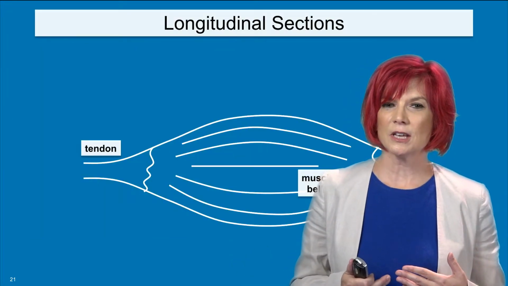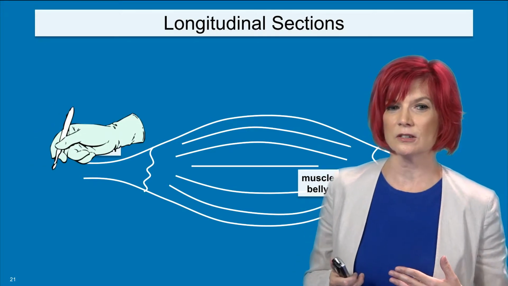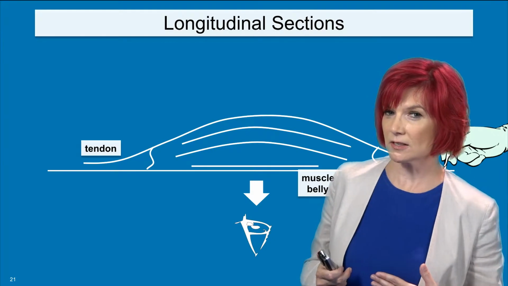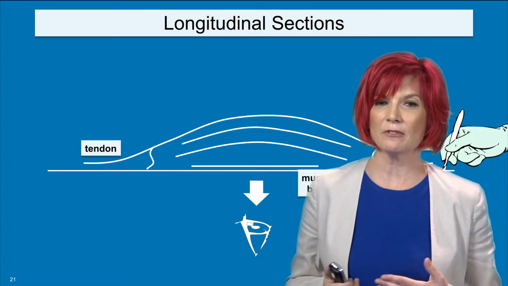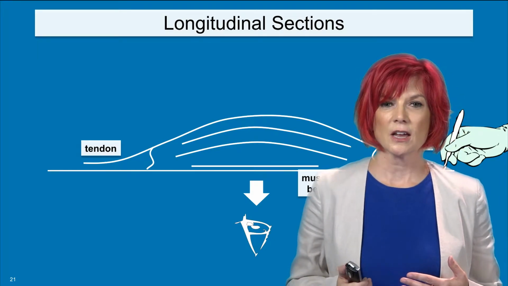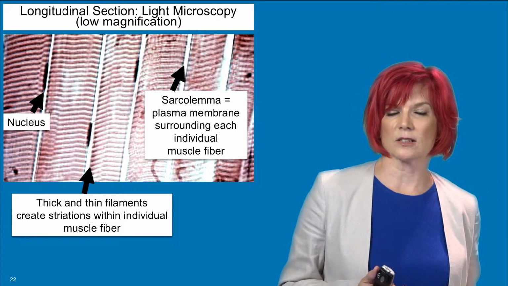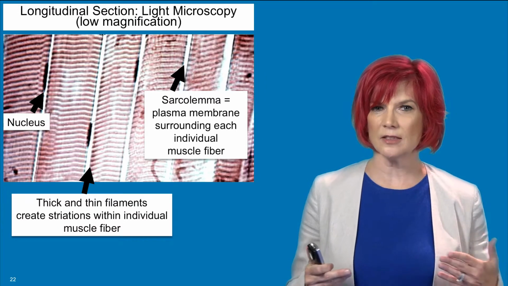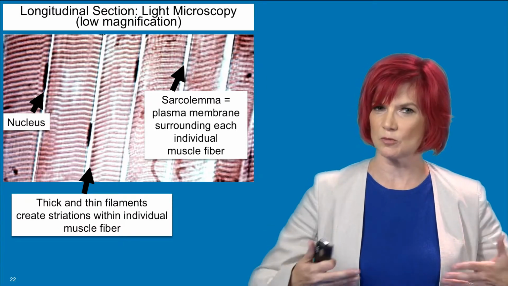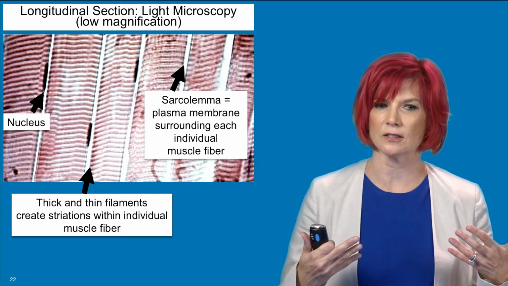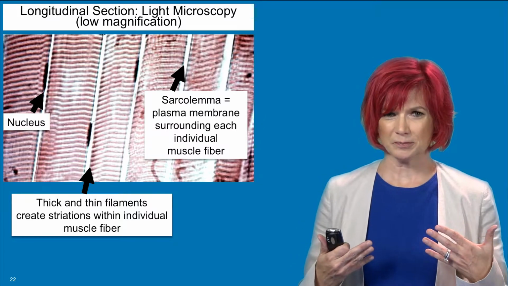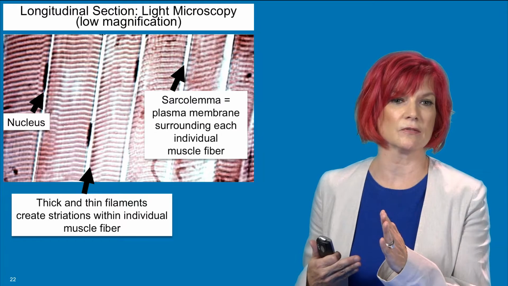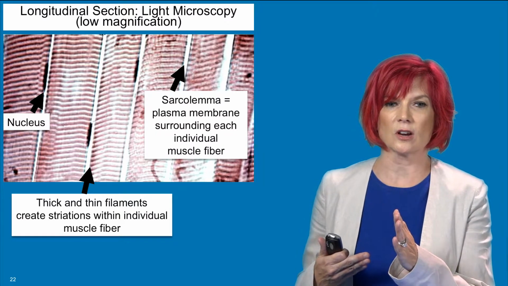Now, if we take a longitudinal section, shown here, and view the skeletal muscle from this longitudinal angle, we have a very different picture. If we look by light microscopy, which is at fairly low magnification, I hope you'll see again this repeated pattern, these striations, and that the nucleus is located at the periphery of the cell, right underneath the sarcolemma.